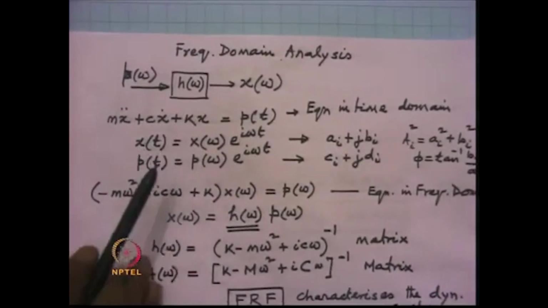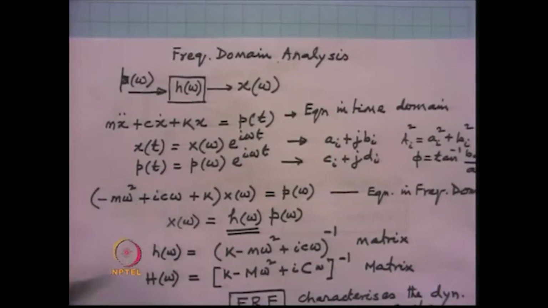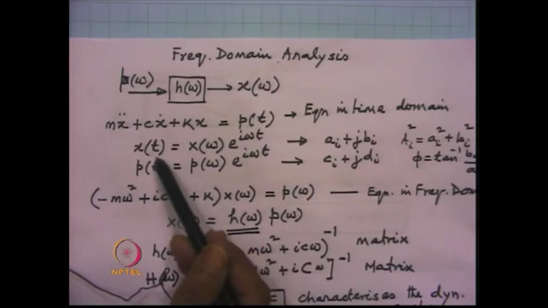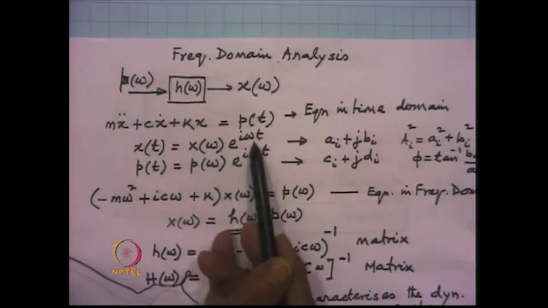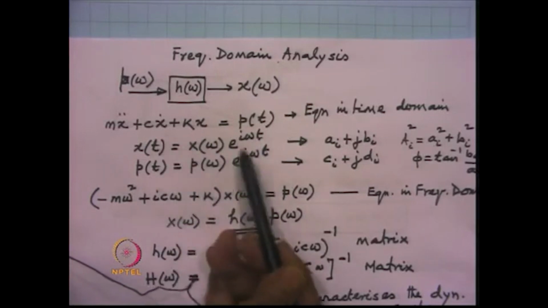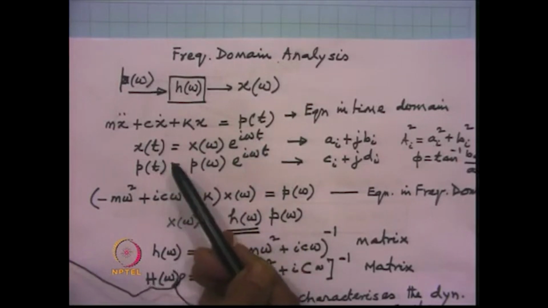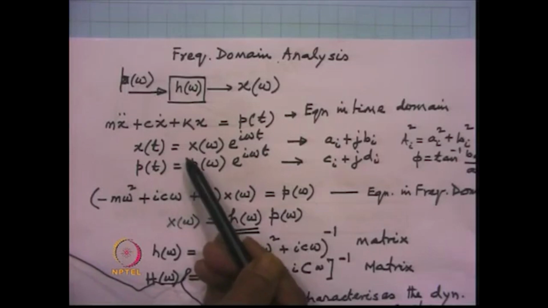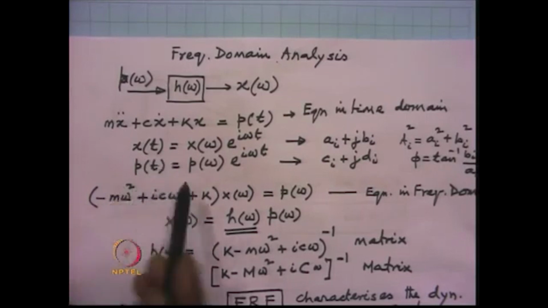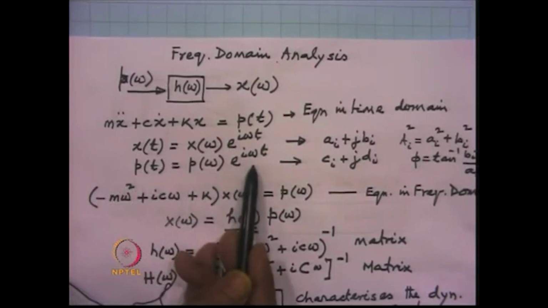Now, since we are trying to define the entire thing in the frequency domain, we write x(t) equal to X(omega) e to the power i omega t. That is, we are Fourier synthesizing, in other words, using the FFT algorithm. Then P(t) equals P(omega) e to the power i omega t.